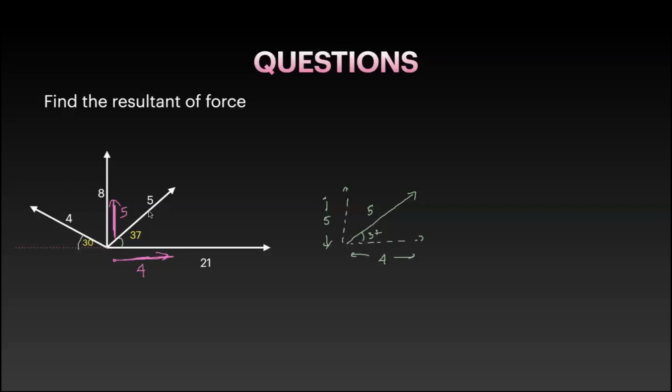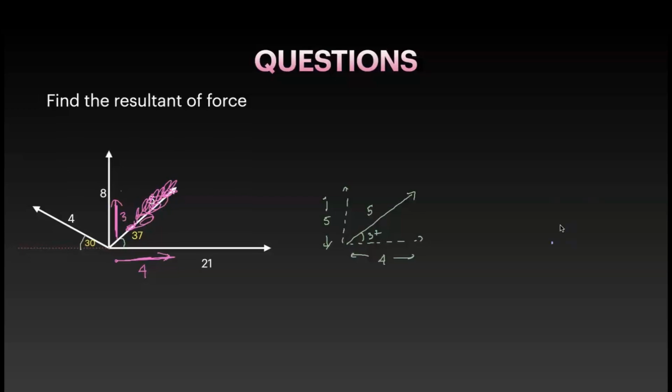So what can I do with this vector? Forget about this. This is 3 units, no? Not 5. This is 3. So I can forget about this vector. Let us talk about the second vector, which is in this direction.